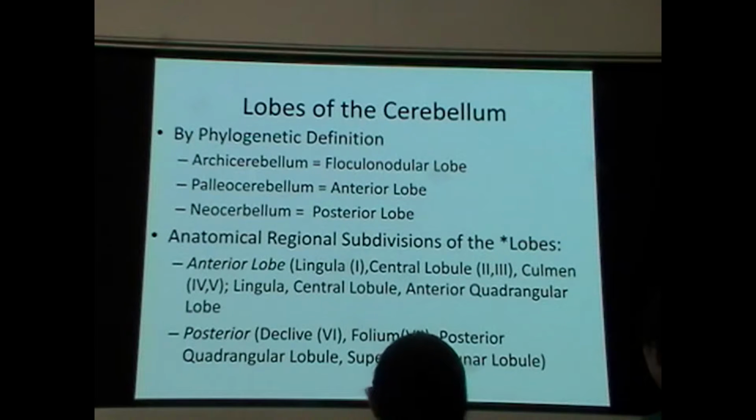The anterior lobe has these different little sublobes in it, like the lingula, the central lobule, the culmen, and so forth. Posterior lobe is associated with some other vermal areas as well.